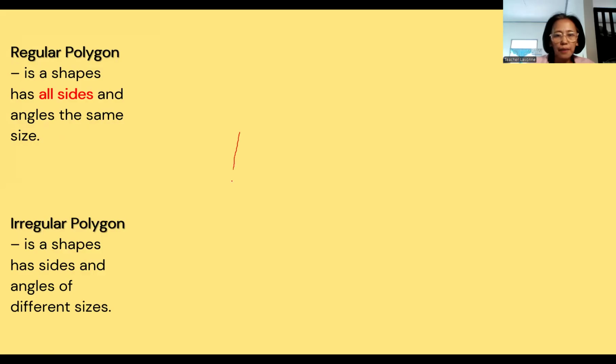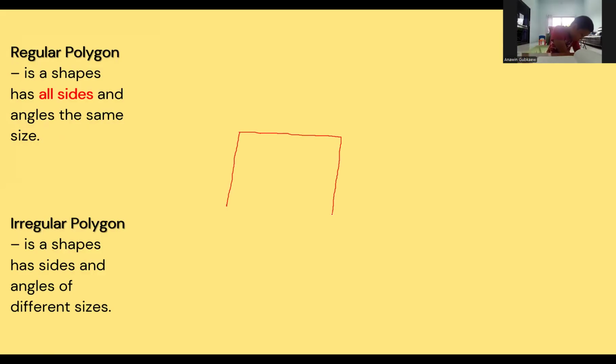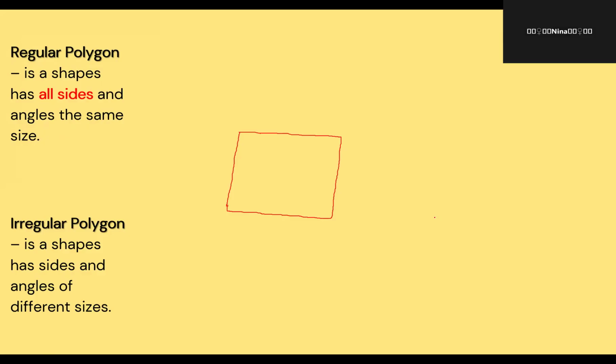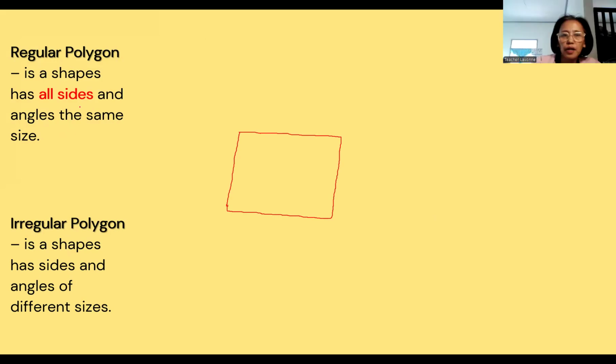So for example, I draw like this. I hope I can draw better. What do you think? Is this a regular or irregular shape? Irregular. Regular or irregular?